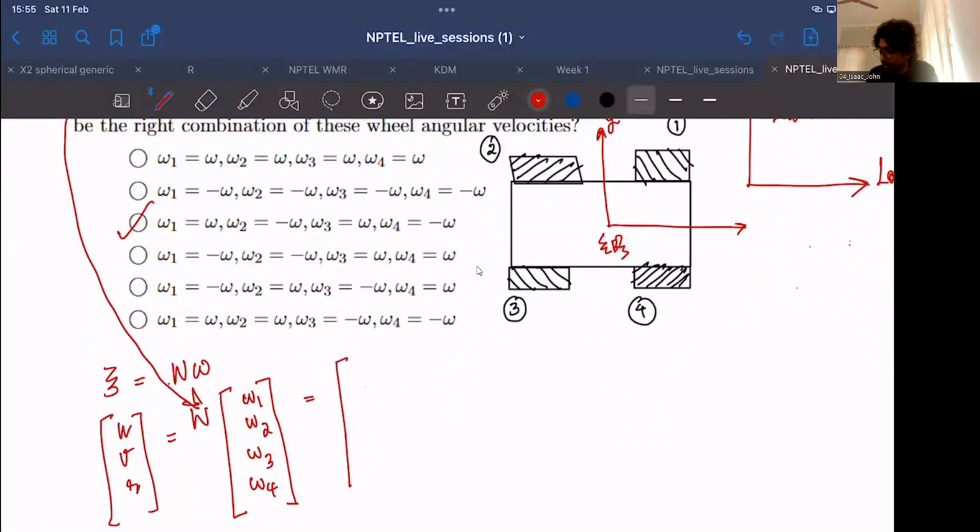It would have 0 along U, some component along the V axis, and 0 component along the R axis. So we need the right combination of wheel angular velocities so that we'll get the zeta as per our requirement.